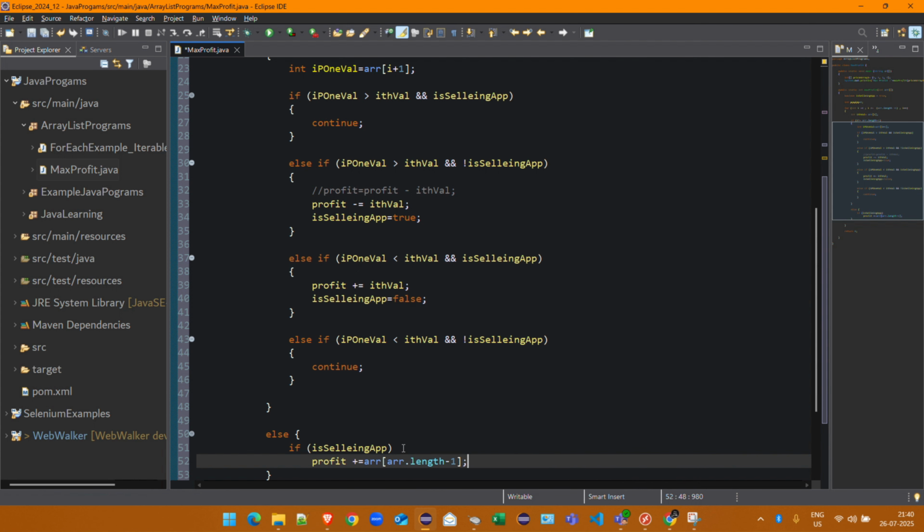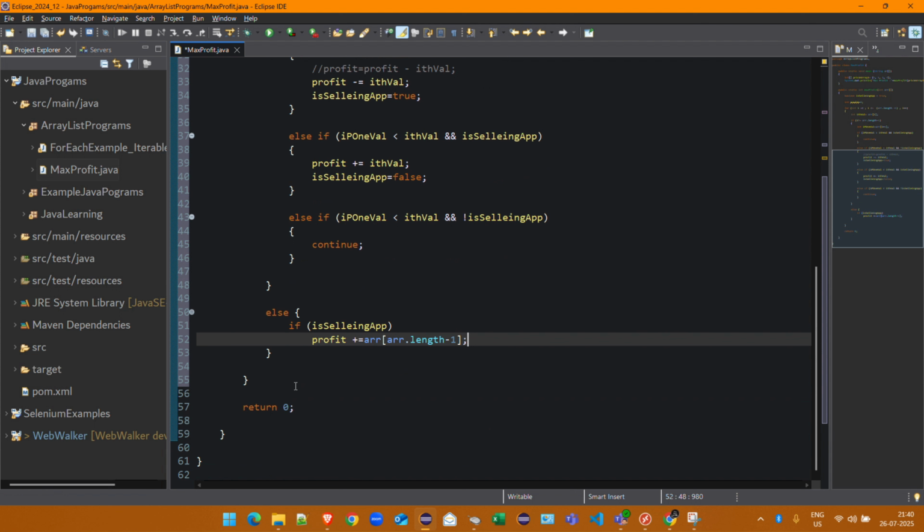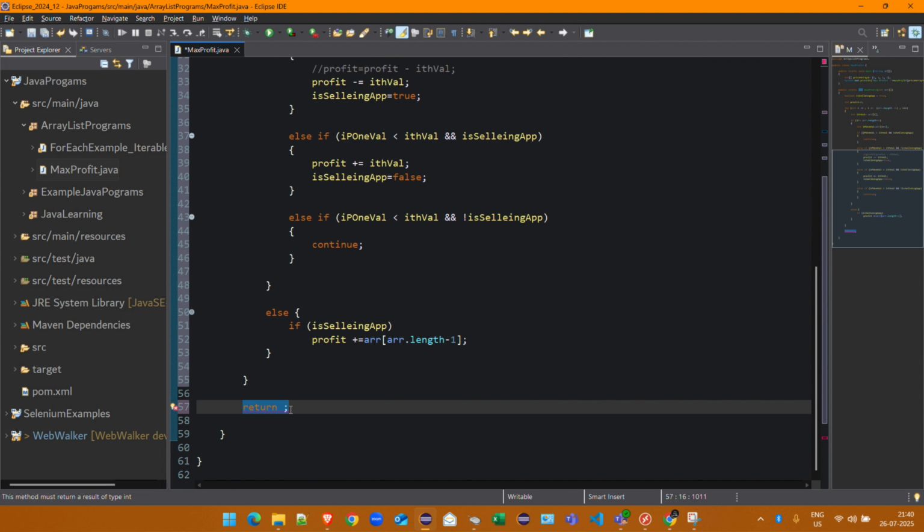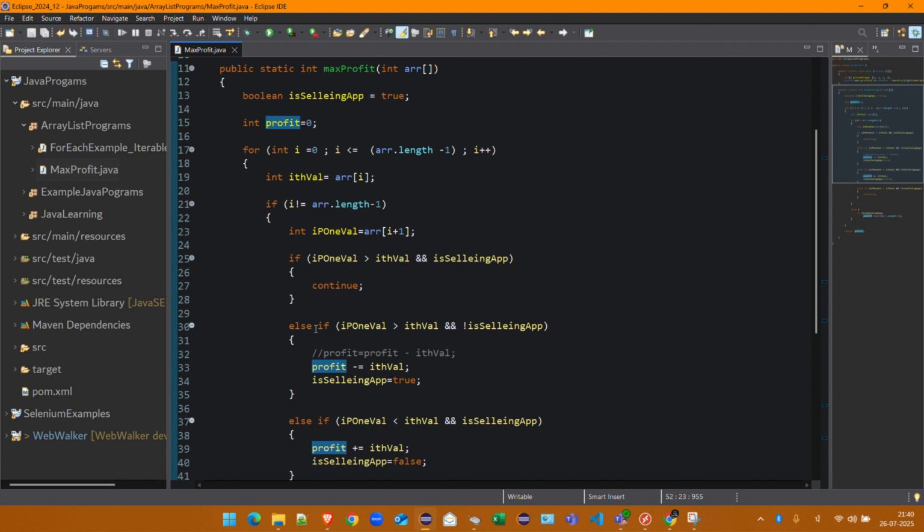So we'll add the final price to this and this would give us the profit. So we'll return the profit instead of 0 and let us see whether this works or not.